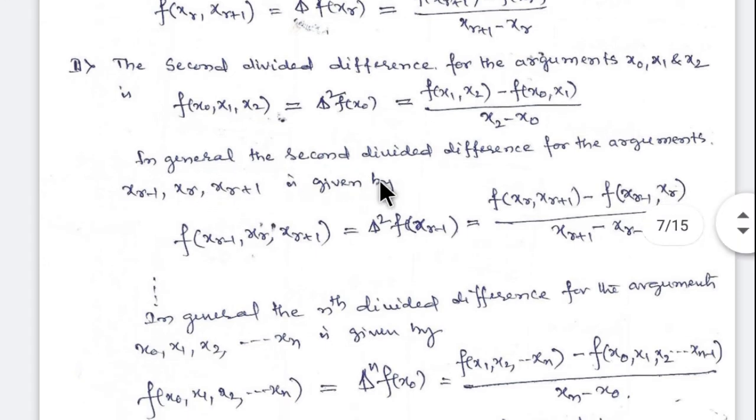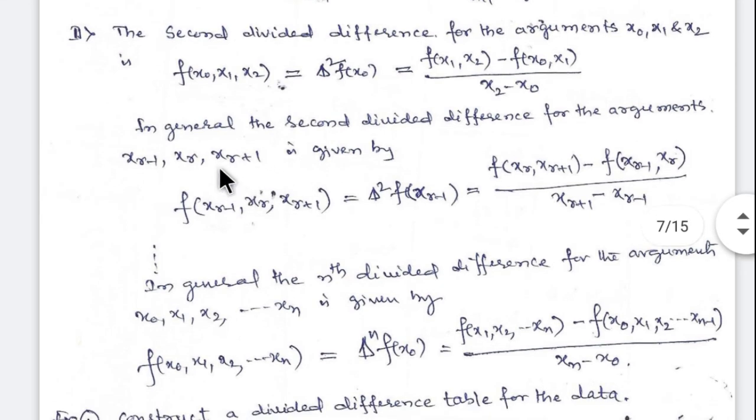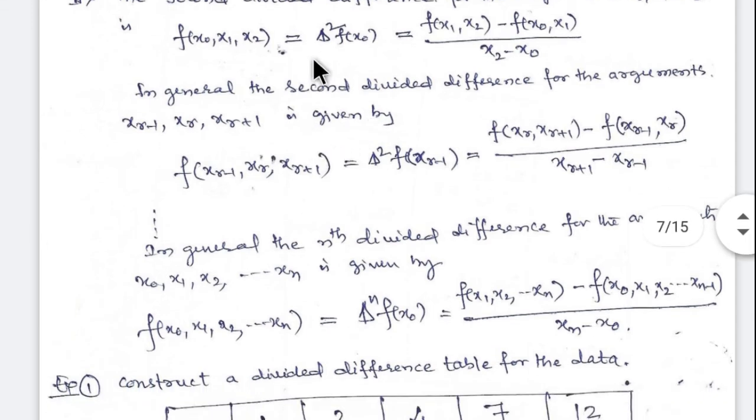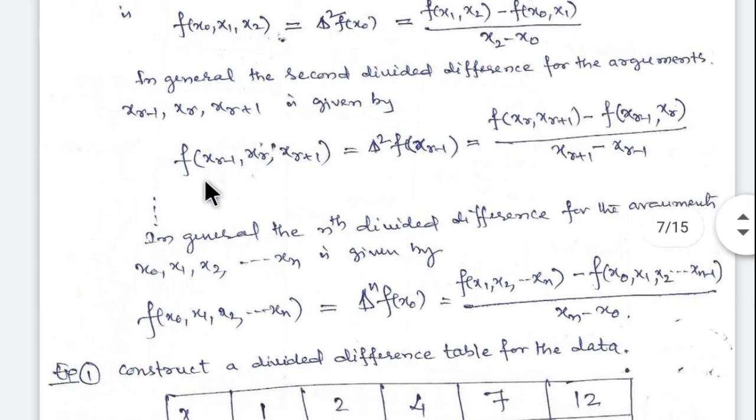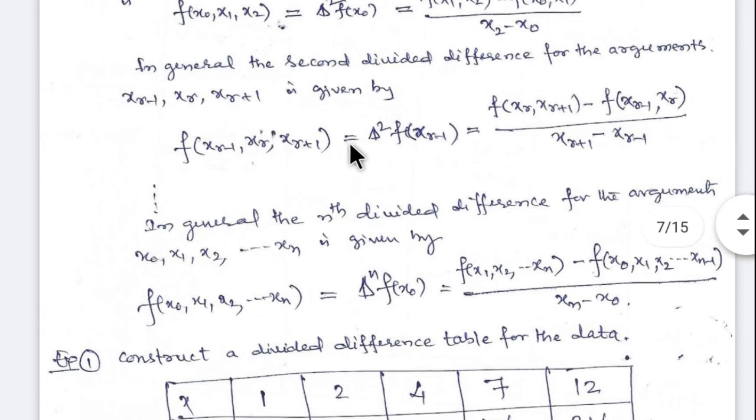In general, the second divided difference for the arguments xr minus 1, xr, xr plus 1, increasing by 1 each time, is given by seeing the nature of the above. f of xr minus 1, xr, xr plus 1 is equal to delta square of f of xr minus 1.